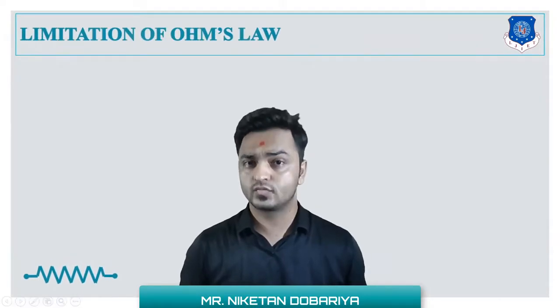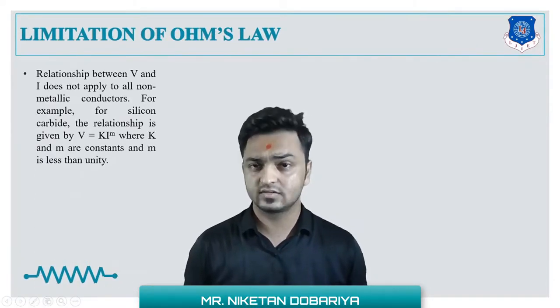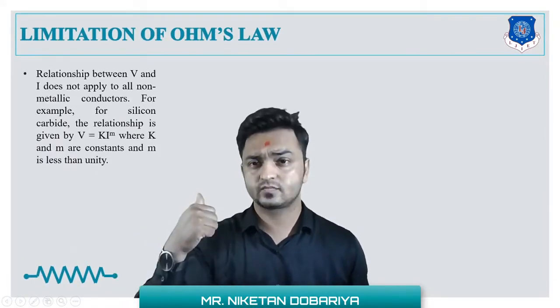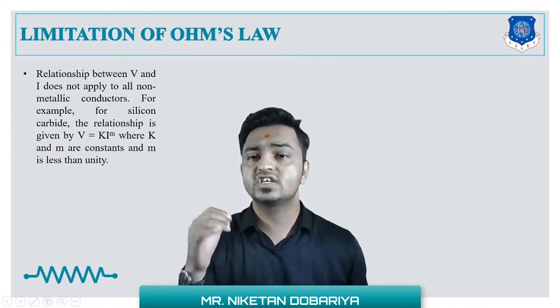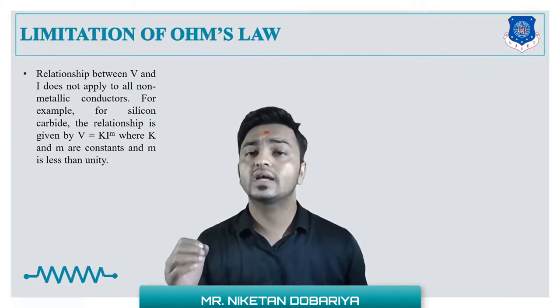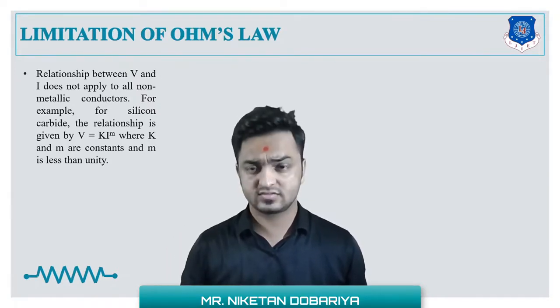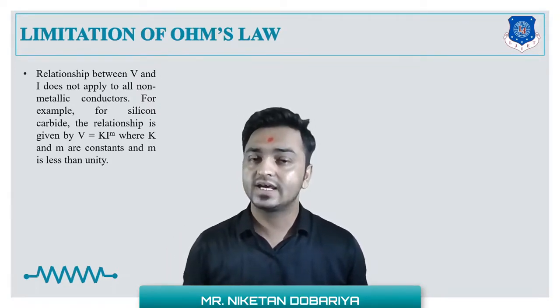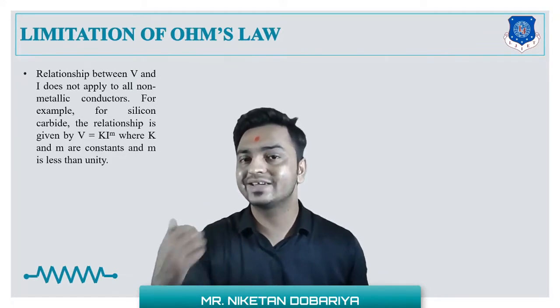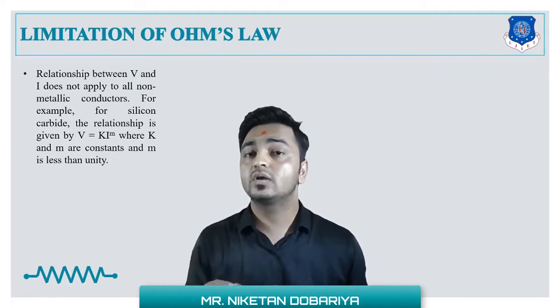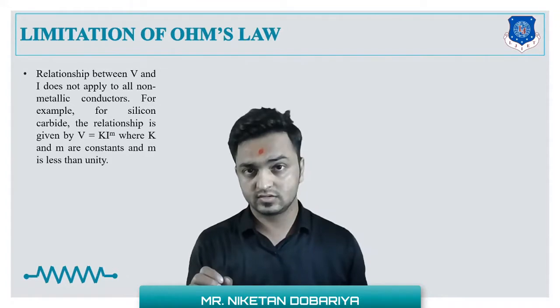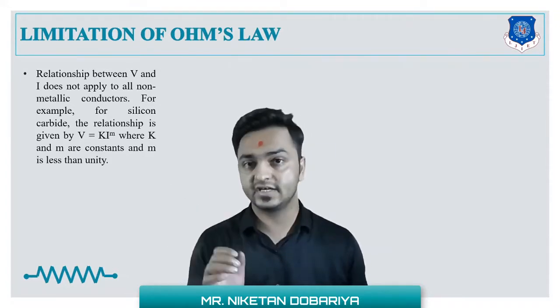Now, there are some limitations of Ohm's law. Let's discuss them. The first one is that the relation between voltage and current does not apply to all non-metallic conductors. As mentioned in the previous statement, this is applicable only for conductors, not for all materials.